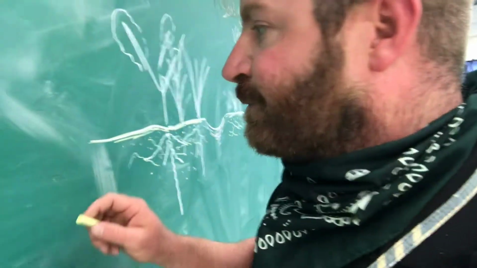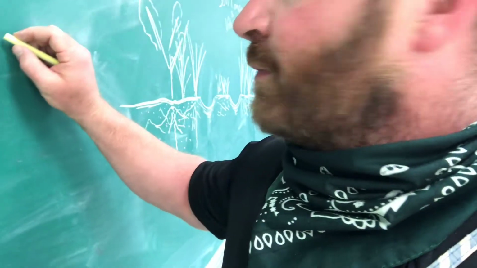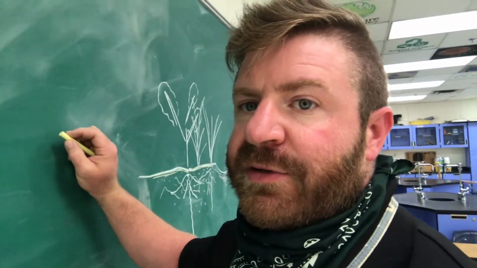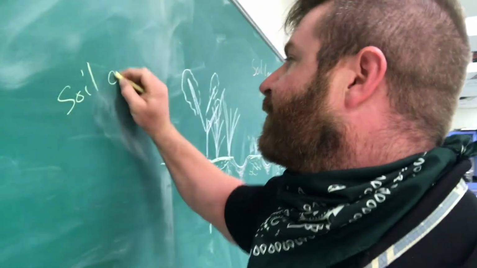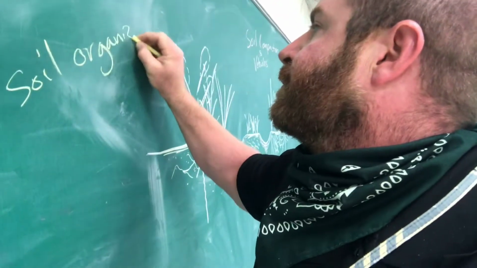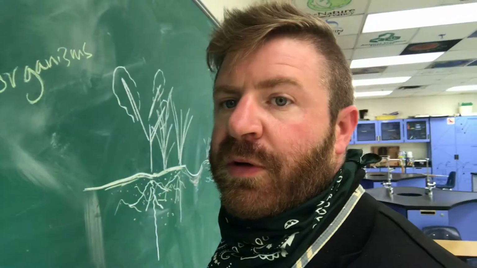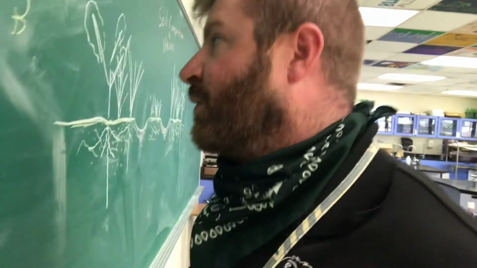And why? It's because, and I'm going to be writing and talking at the same time, soil organisms, and when organic matter decomposes, it leaves an air hole, okay? So when a leaf rots, there's a space where that leaf was. It may be very, very tiny, but after millions and millions of leaves decompose, it leaves a lot of air holes, this nice, loose, spongy sort of matrix.